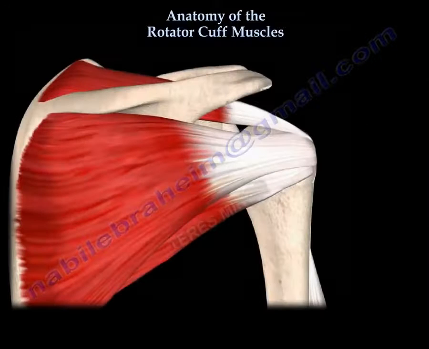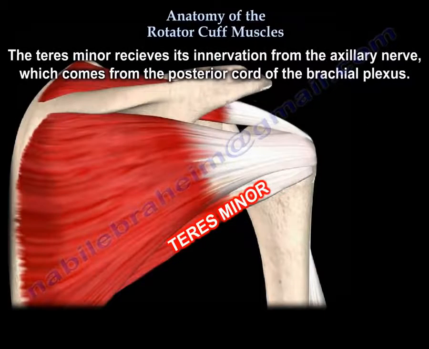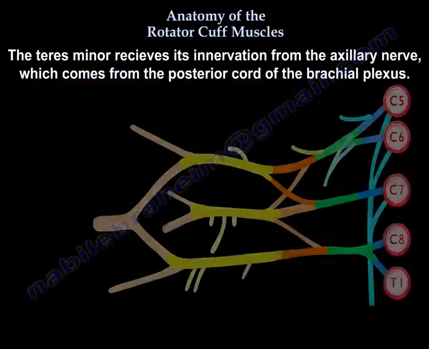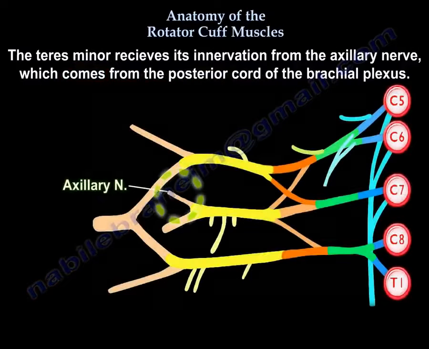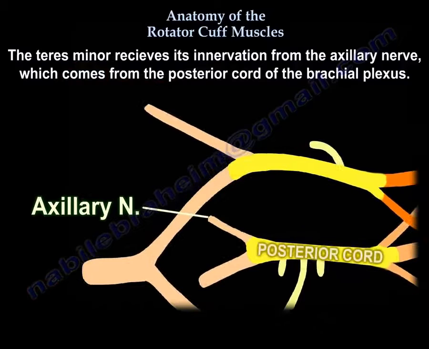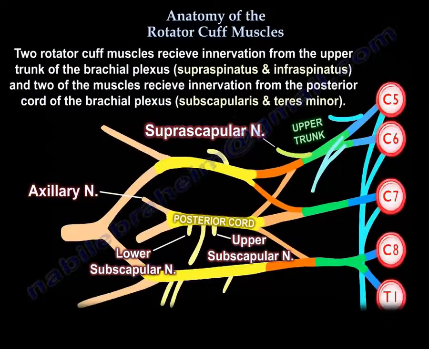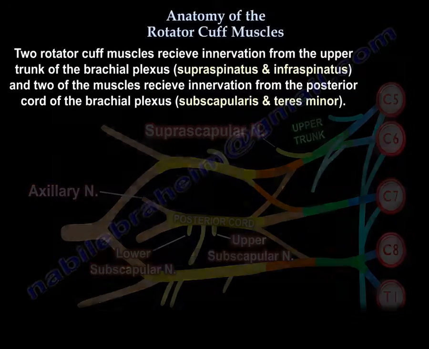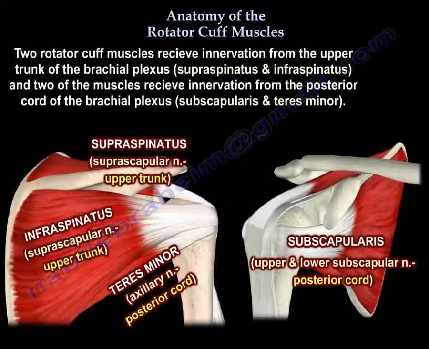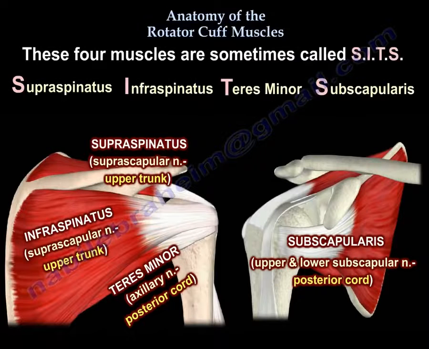The teres minor will get innervation from the axillary nerve, which comes from the posterior cord of the brachial plexus. So 2 muscles will get innervation from the upper trunk, and 2 muscles will get innervation from the posterior cord of the brachial plexus. These 4 muscles are sometimes called the SITS, S-I-T-S. The medical students use that.